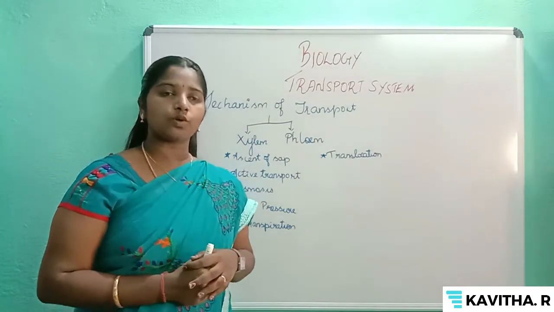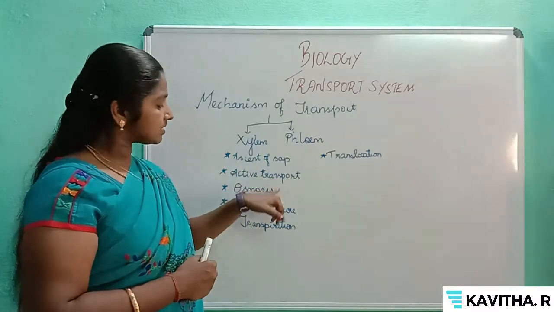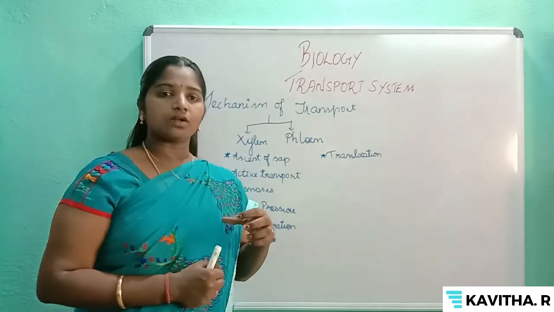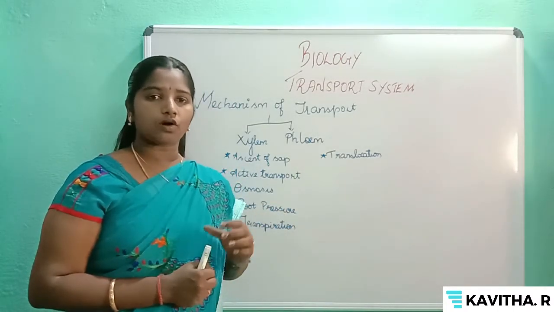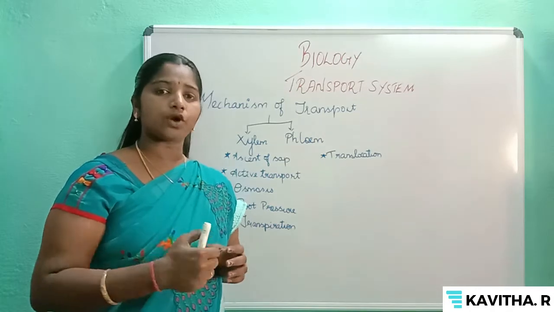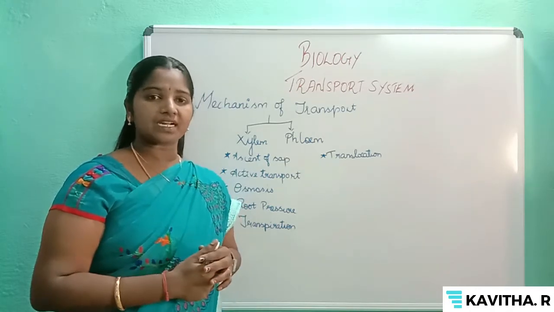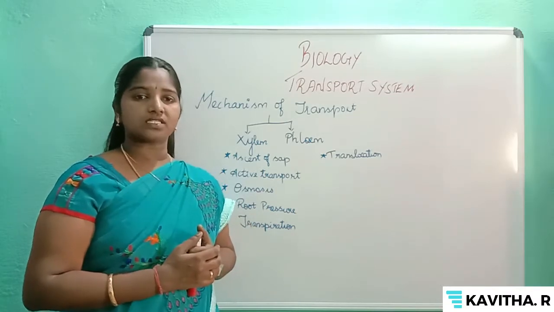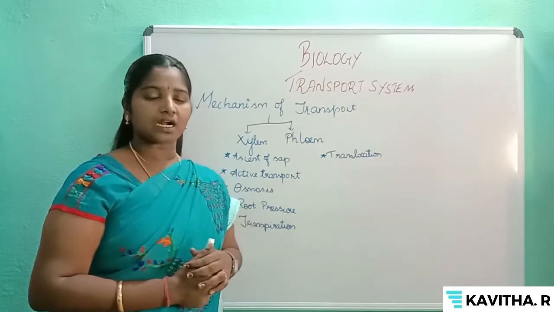First we should know what active transport and osmosis are. They are nearly the same: where the concentration inside is low and the environment has a high concentration, the movement of water or minerals takes place from the high concentration towards the low concentration. This is called osmosis as well as active transport.